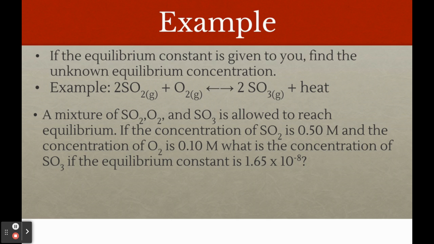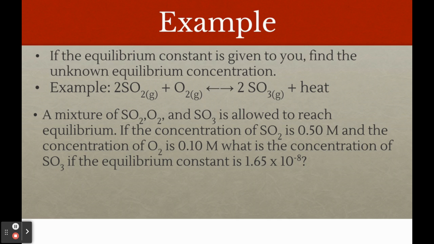Okay, so here is our next example. It says a mixture of SO2, O2, and SO3 is allowed to reach equilibrium. If the concentration of SO2 is 0.5 molar and the concentration of O2 is 0.1 molar, what is the concentration of SO3 if the equilibrium constant is 1.65 times 10 to the negative 8th?